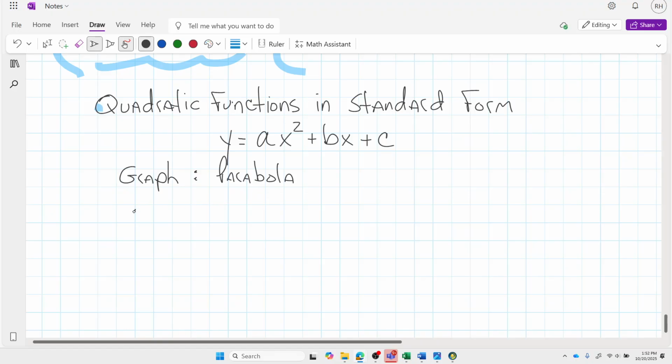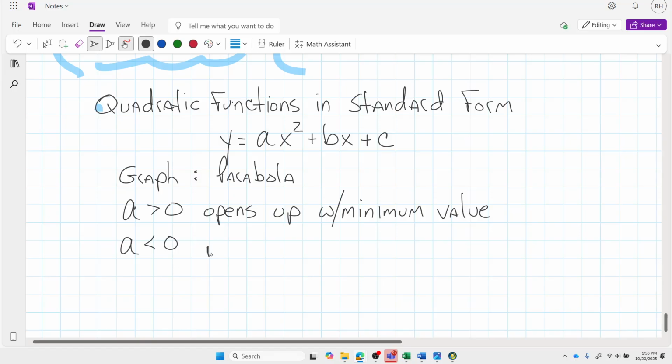A greater than 0 opens up with a minimum value. A less than 0, which is negative, right, opens down with a maximum value.